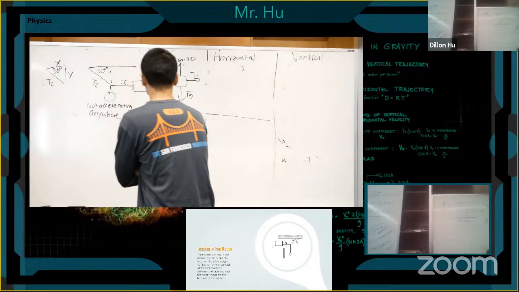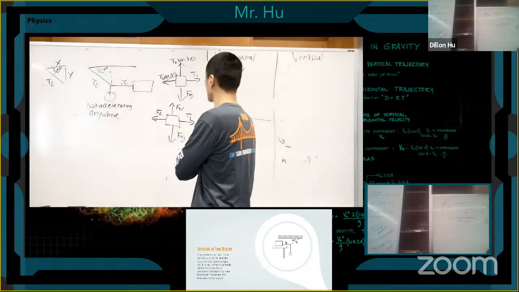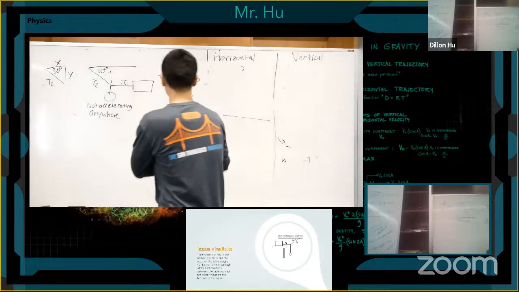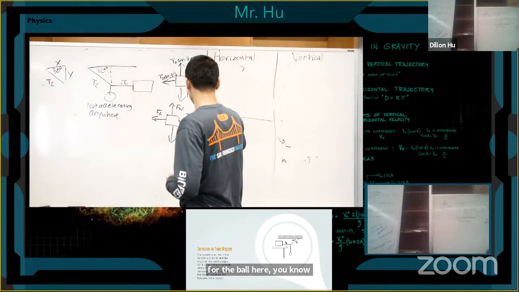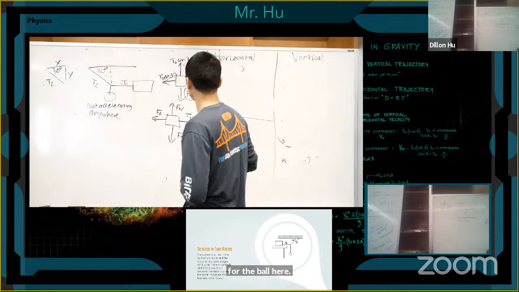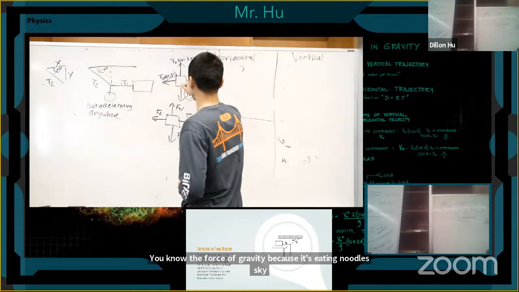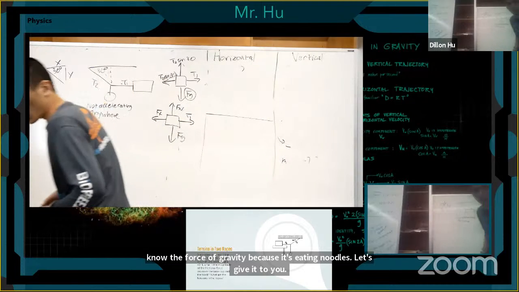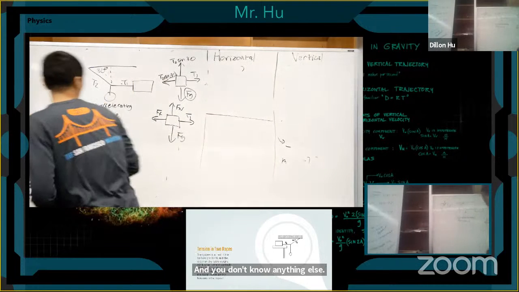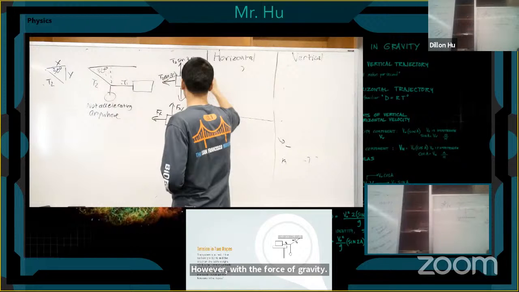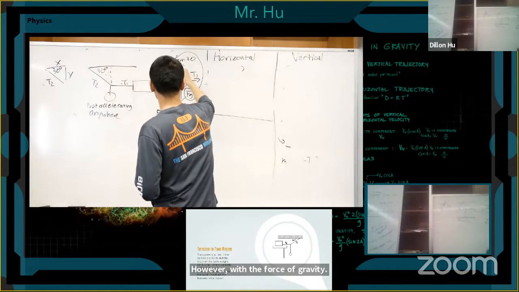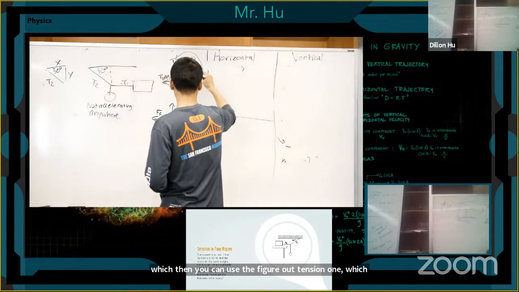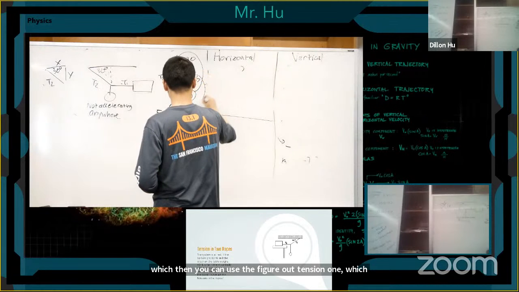Basically what's going to happen is, for the ball here, you know the force of gravity because it's 8 newtons, it's given to you, and you don't know anything else. However, with the force of gravity, you can figure out tension 2, which you can then use to figure out tension 1, which you can then use to figure out your frictional force.